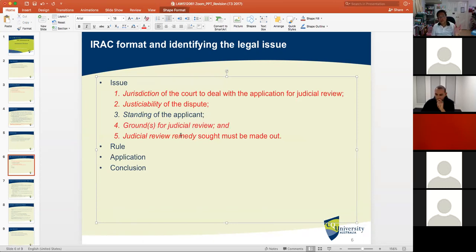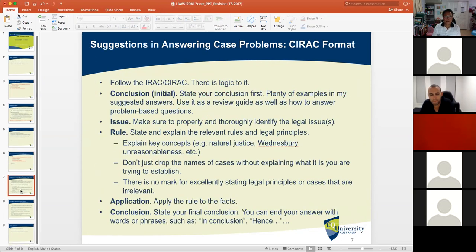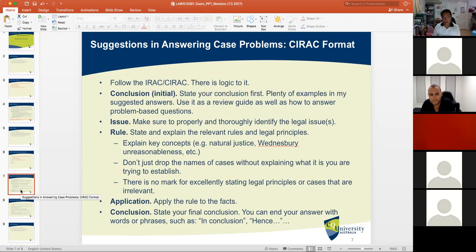And then the issue will tell you what the rule is. So based on the issue, you can then discuss what the relevant rule is, apply the rule to the facts, and that will lead you to a conclusion. So that's why you notice the IRAC format is very important. Now moving on. So follow the IRAC format, follow the IRAC-CIRAC format, because there is logic to it.